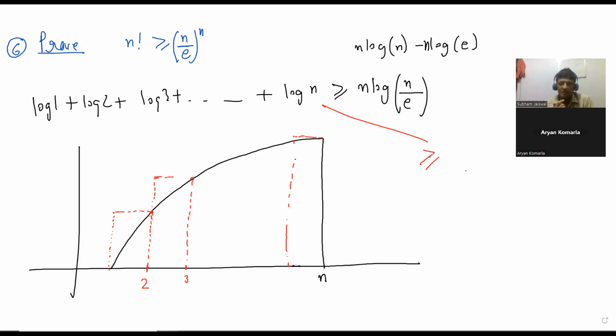Because we can see that we have extra area instead of less area. So we can say that this finite sum is bigger than the definite integral of log x dx from 1 to n.